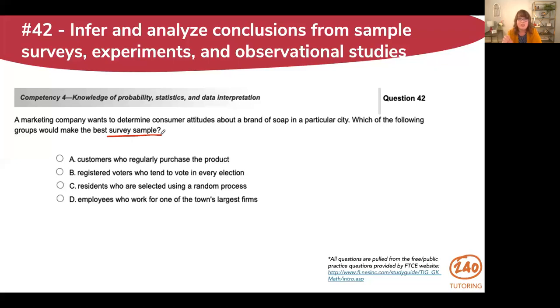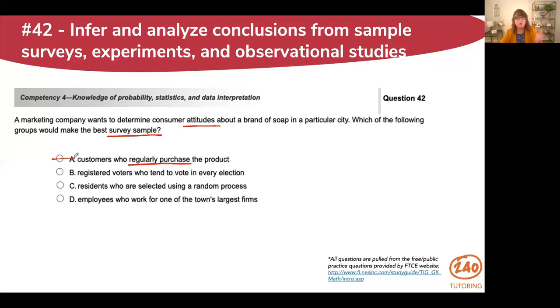We're eliminating the people that might buy it occasionally or the people who don't buy it at all because they have an attitude about that brand of soap. Maybe I don't like Dial and I don't buy it. Well, if I only survey people who regularly purchase, I'm biasing that data because if they regularly purchase, they probably have a certain attitude about it. So A is too specific for our survey sample.